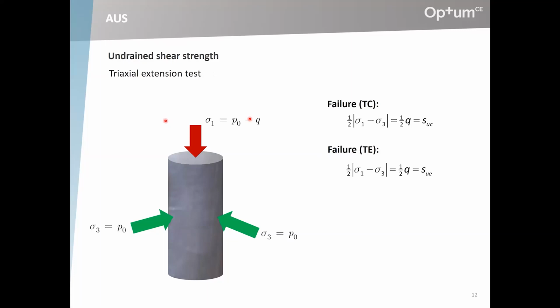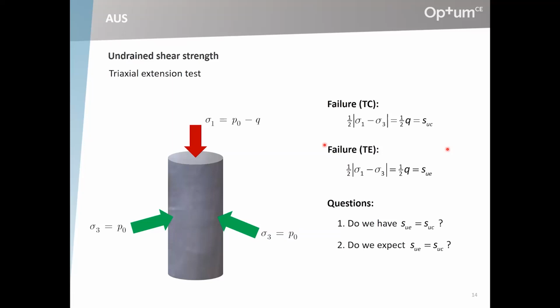So we have two different tests where we determine two strength parameters that may be identical or may not be identical. So that's the first question, really. Are they identical or not? And the second question is, do we really expect them to be identical?